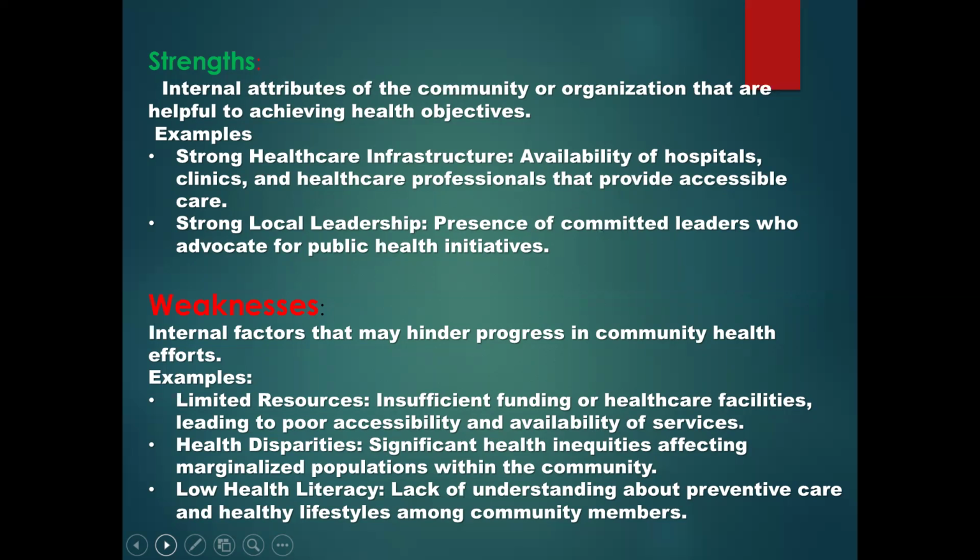So by the time you have carried out information and data collection from the community, you'll be able to identify if they have strong healthcare infrastructure. Is there availability of hospital, clinic, healthcare professionals that can provide care? Do they have a strong leadership system? Because if you have a strong leadership, the people always obey their leadership system. As such, if you want to make a public health initiative or community health interventions, it will be easy.